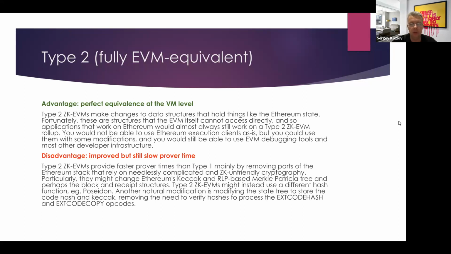For example, for Ethereum, we use the so-called Keccak hash function. For the second type, we might use Poseidon, which is another type. So these are modifications. It's a different state tree of the virtual machine, and we store different hashes. So we remove some opcodes of the virtual machine. So it's still not 100% EVM equivalent.